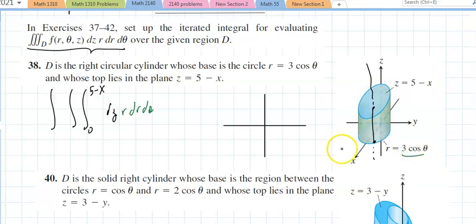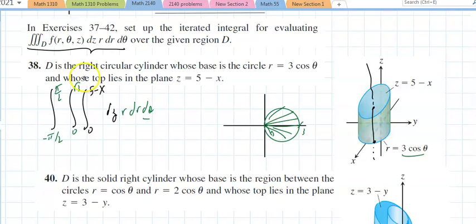R equals 3 cosine of theta is a circle wrapped around the positive x-axis with a diameter of 3. So if you really want to run this, theta is going to run from negative pi over 2 to pi over 2, and r runs from 0 to 3 cosine theta.